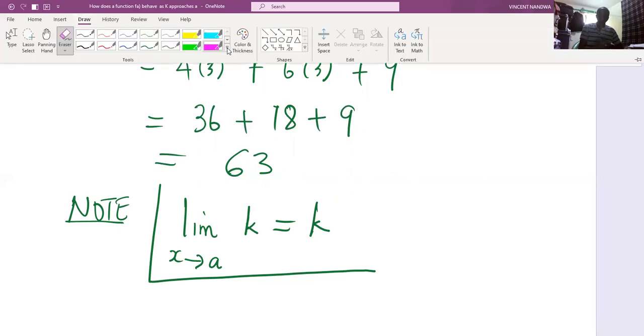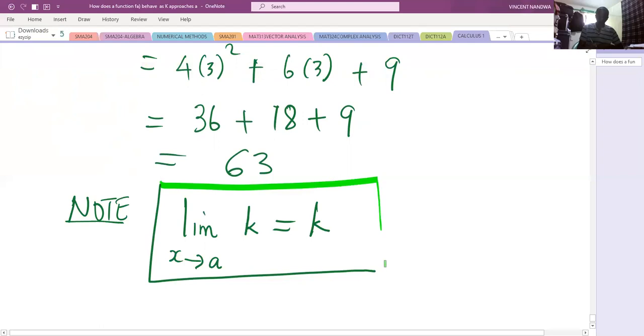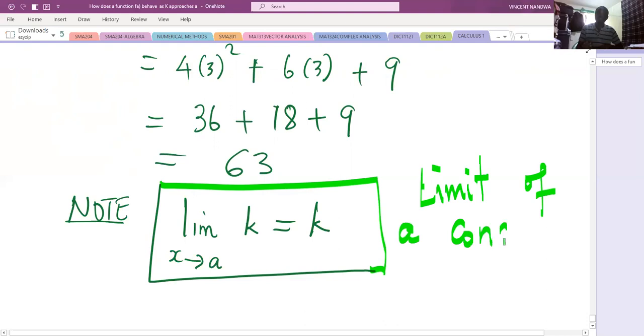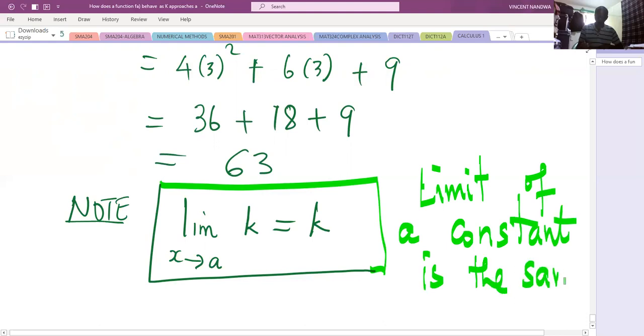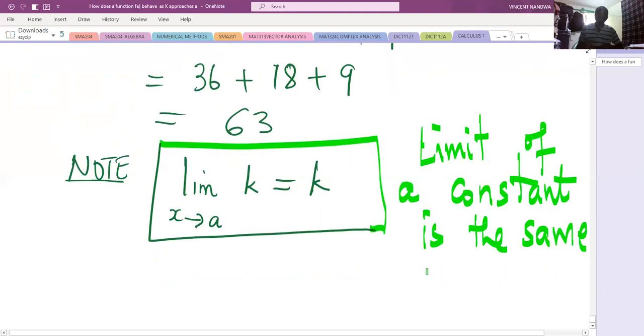So that is the solution to that given problem. This means the limit of a constant is the same constant, regardless of where x is approaching from.